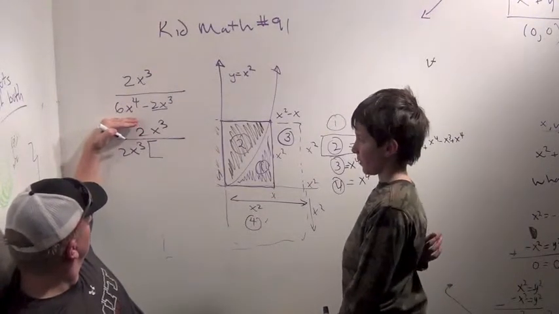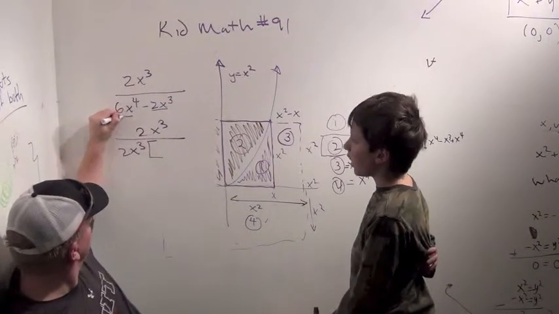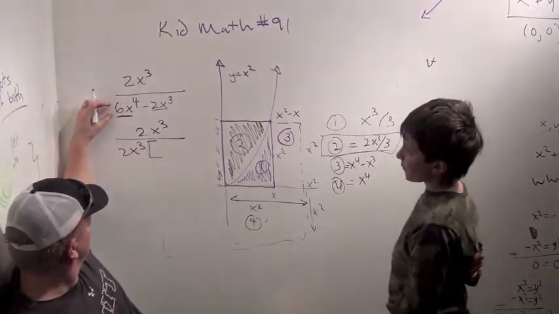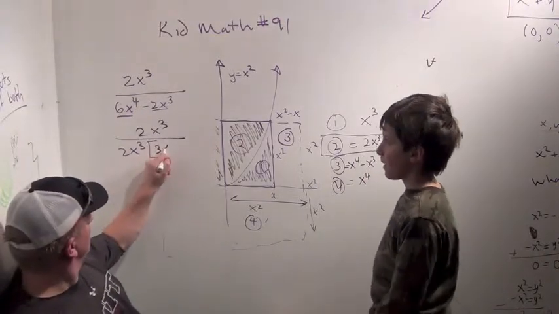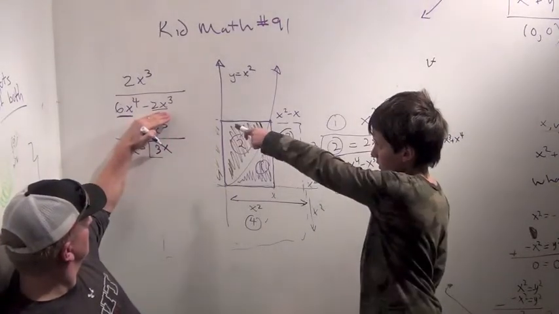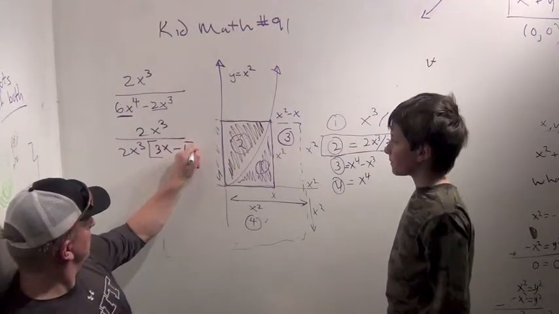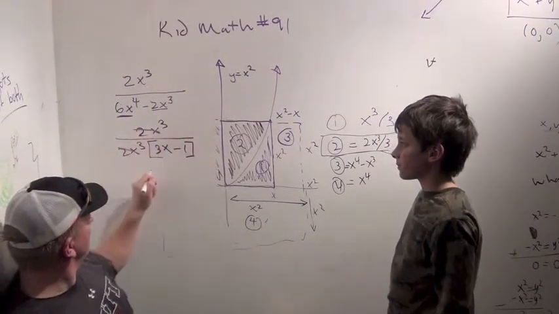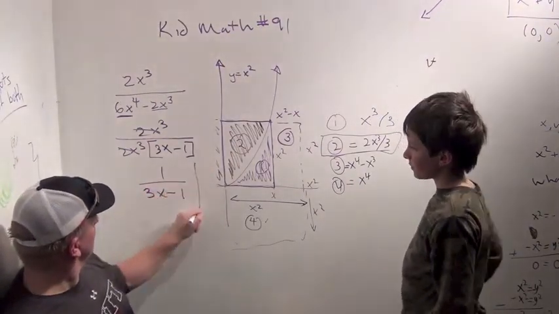Factoring 2x cubed out of 6x to the 4th gives 3x, and then you just have minus 1. So these cancel, and my ratio is 1 over 3x minus 1.